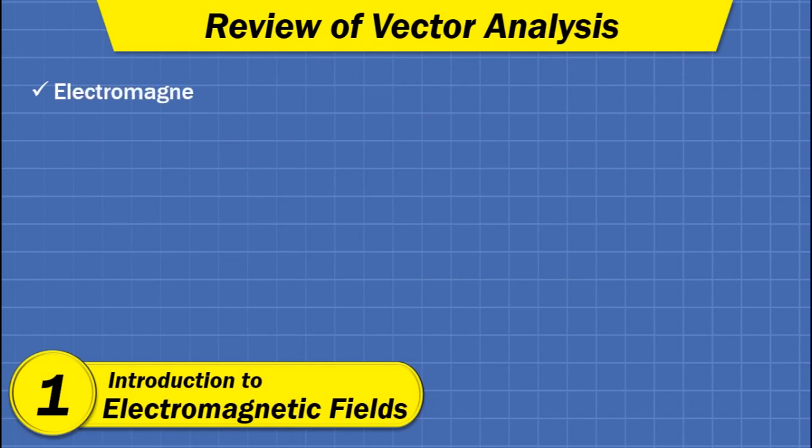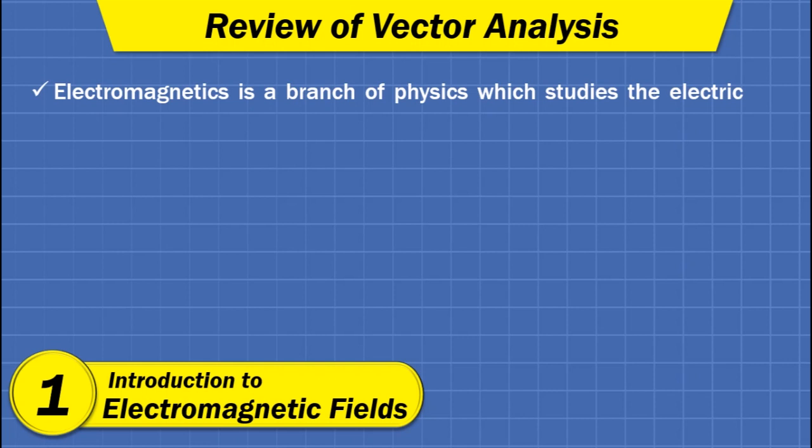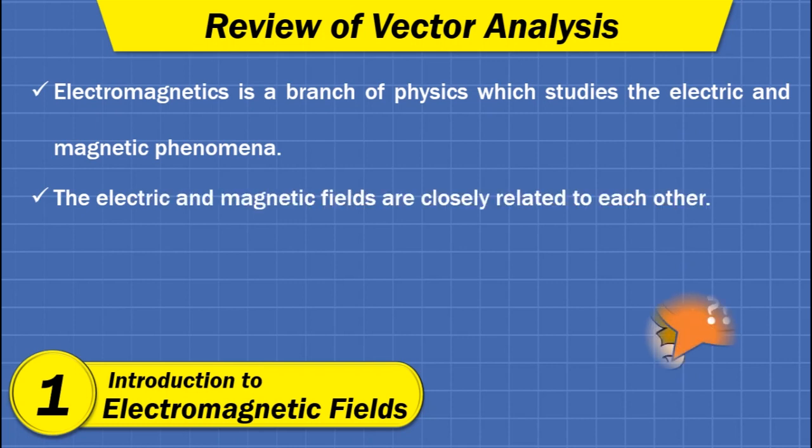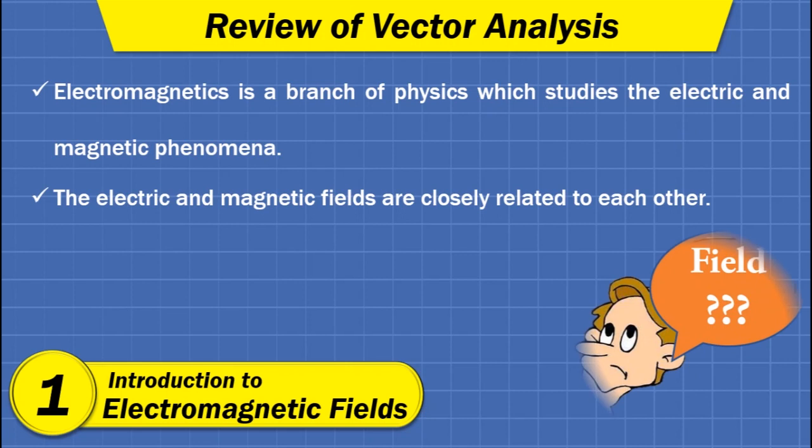So electromagnetics is a branch of physics which studies the electric and magnetic phenomena. The electric and magnetic fields are closely related to each other. At this point, one should think about what is field. So for that, let us consider a magnet.